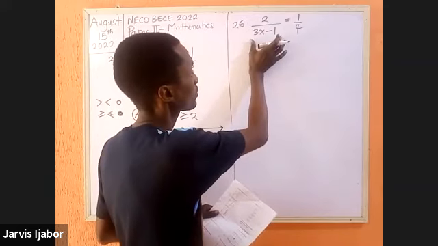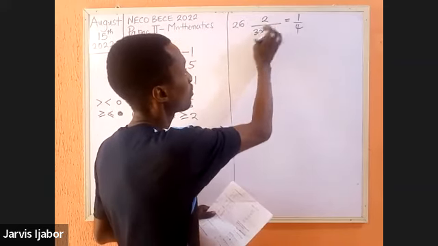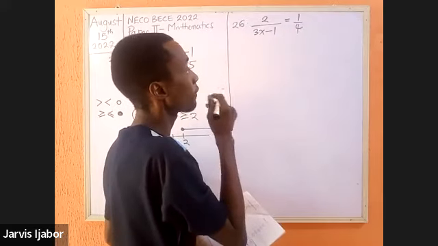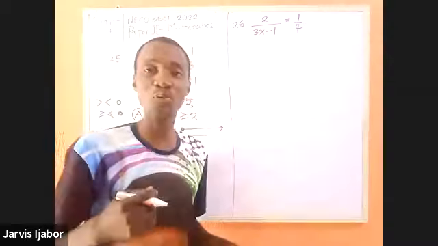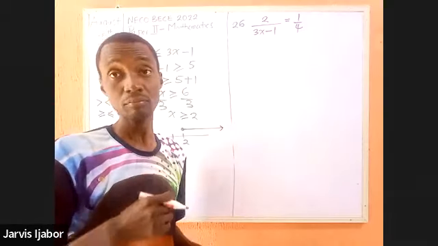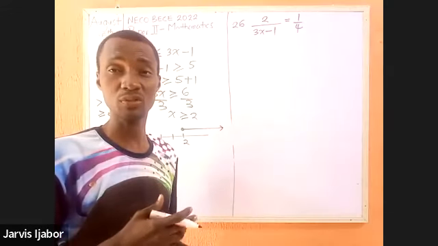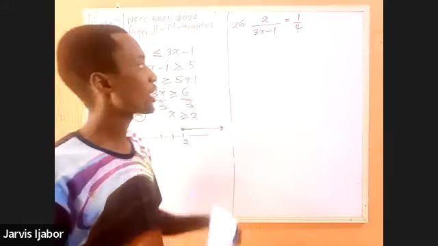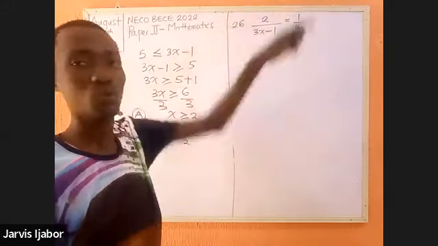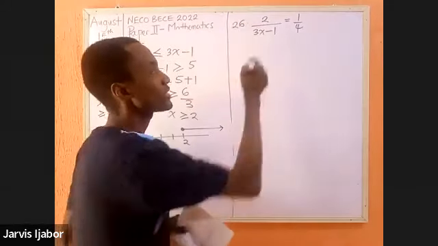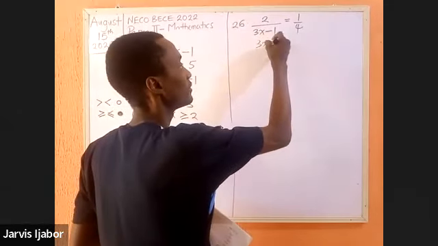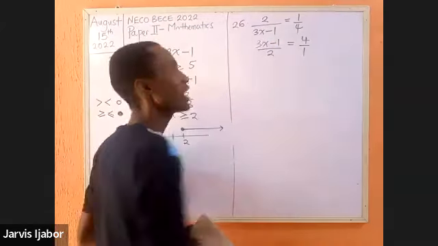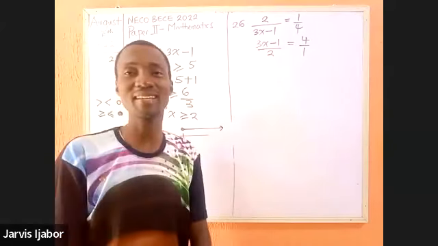Now, do you know that we taught you from algebraic equations, or equations involving algebraic fractions, that what you do to the left-hand side, you can do to the right-hand side. So to make my work easy, I will turn this one, provided what I'm doing to the left-hand side, I'm doing to the right-hand side.